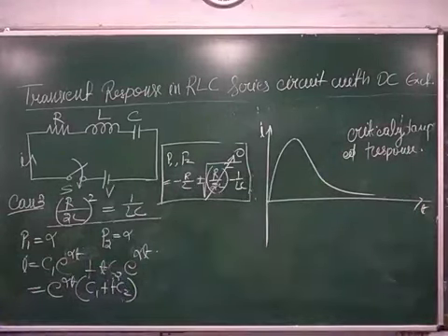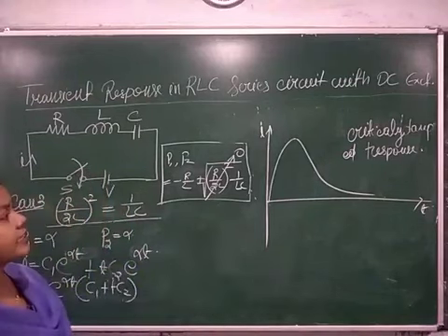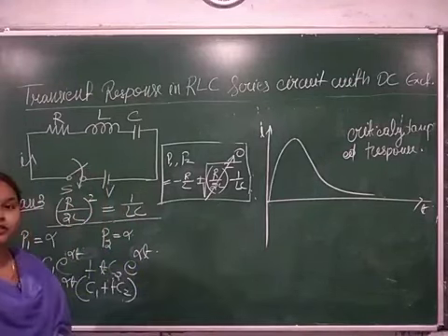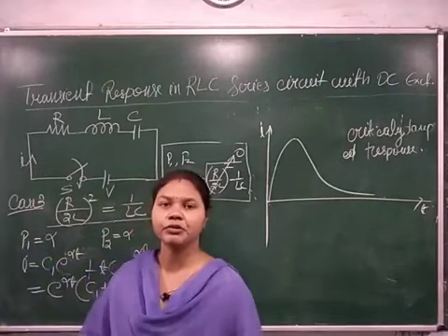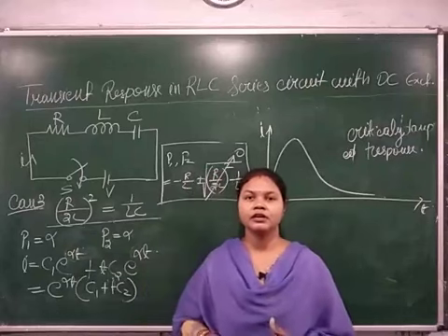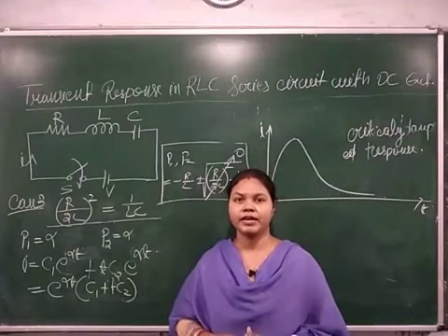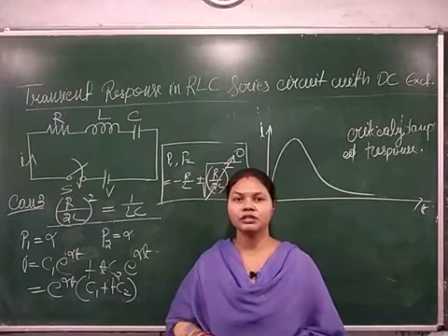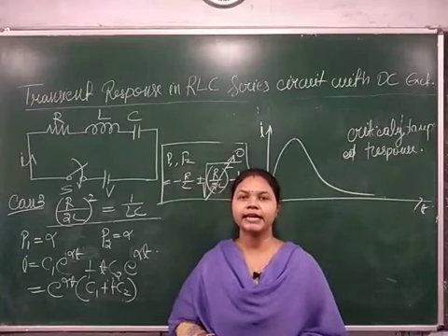in this study you have learned that when an RLC series circuit is excited by a DC source, the homogeneous equation you get is a linear second order equation, and here you get two roots and three cases: underdamped case, overdamped case and critically damped case.